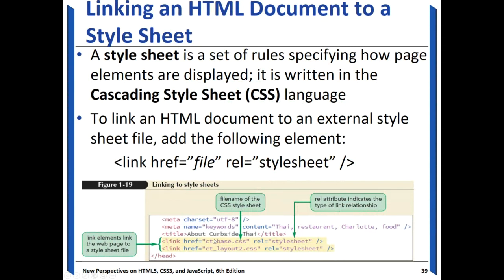All right, so now we've come to the point where we're talking about style sheets. These are a set of rules that specify how page elements are displayed. It's written in the Cascading Style Sheet language. We see here the syntax now of how to link an external style sheet. As I said earlier in this video, we can have it done a couple ways. You can write your styles in the head.